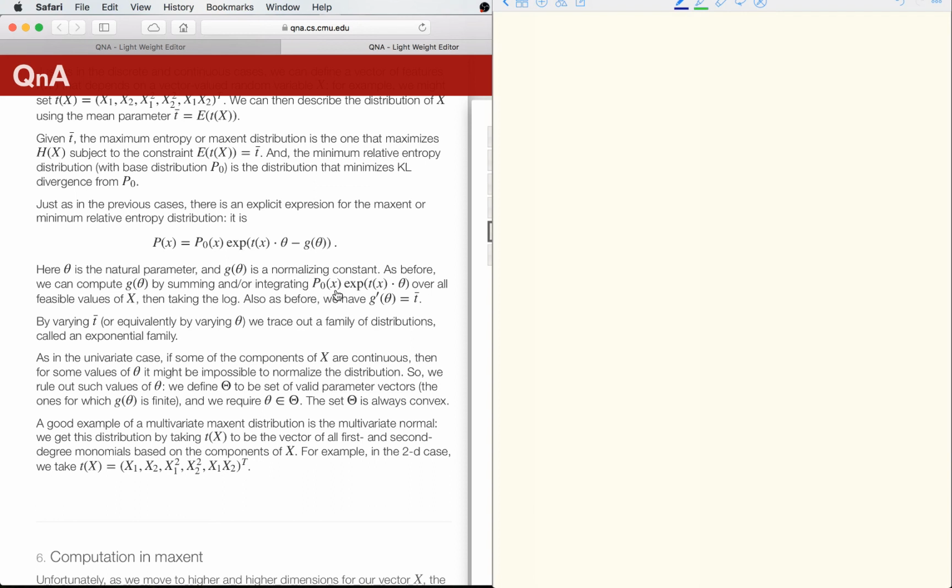If it's mixed continuous and discrete, you'd sum out the discrete variables, integrate out the continuous variables, and then you take the log, of course. And just like before, the gradient of g is going to be equal to the mean parameter for the given parameter theta.